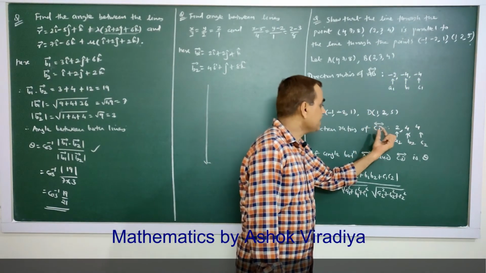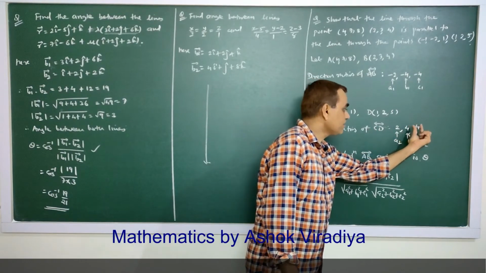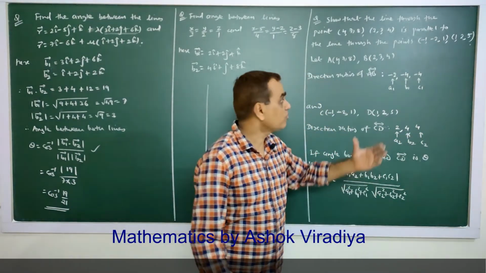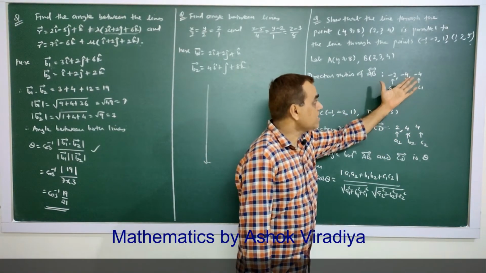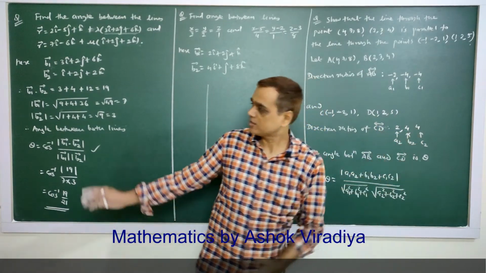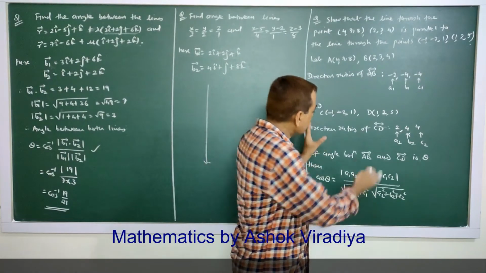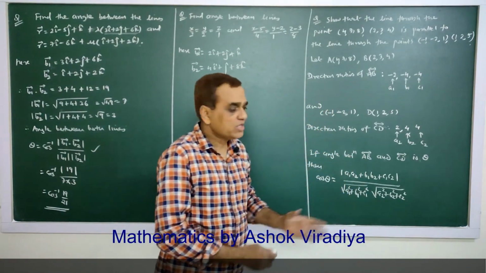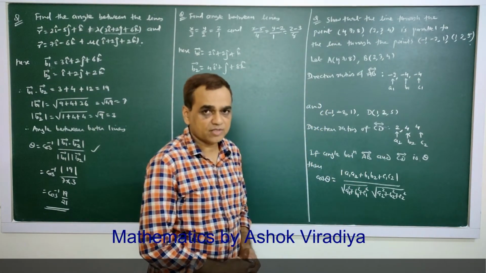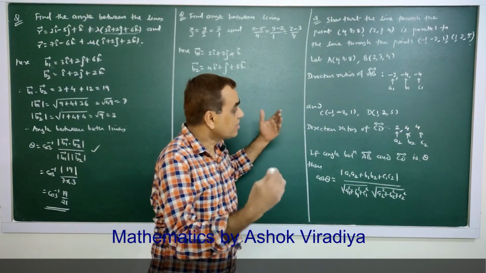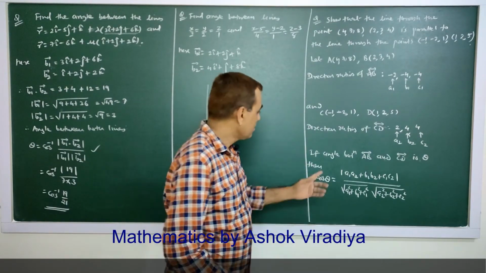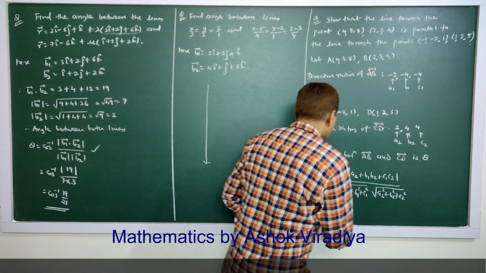Similarly, vector B2 is 2i plus 4j plus 4k. So you can also write vector B1, vector B2 and apply this procedure. Otherwise, use this formula using direction ratios.